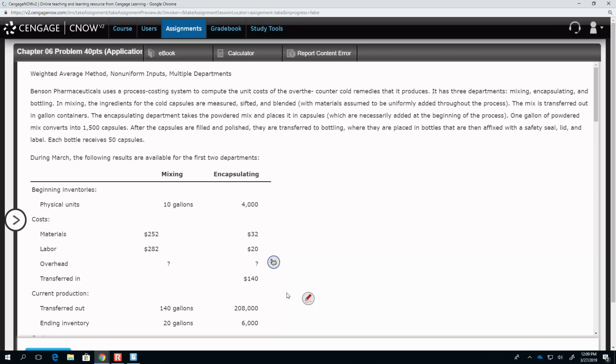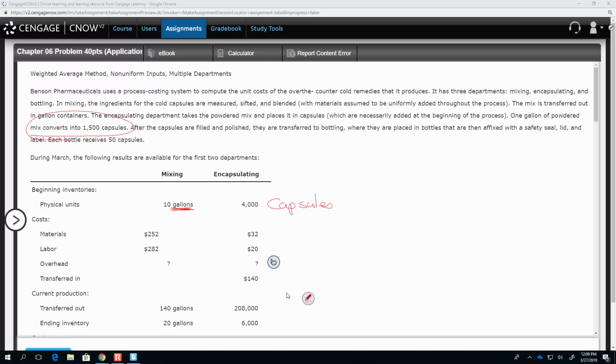One thing it mentions is that each gallon makes 1,500 capsules. So in the mixing, the unit of measure is gallons. In the encapsulating, it's capsules. So that's a big problem already.